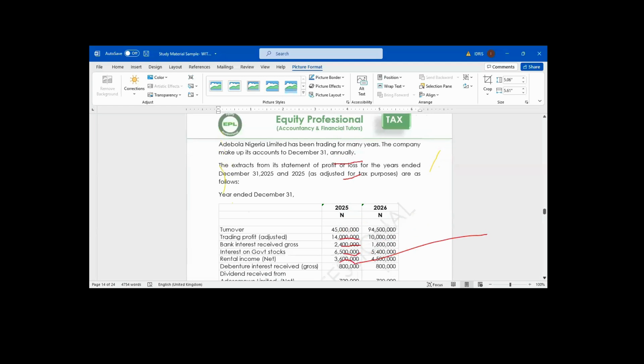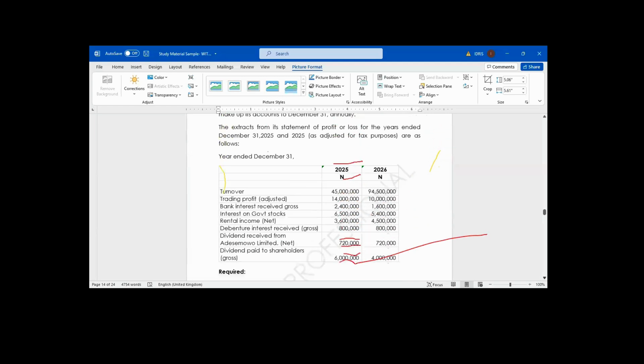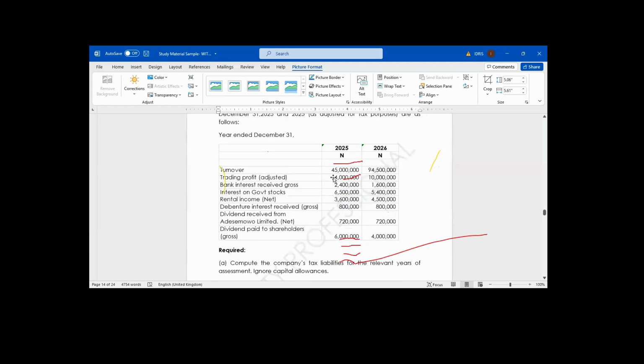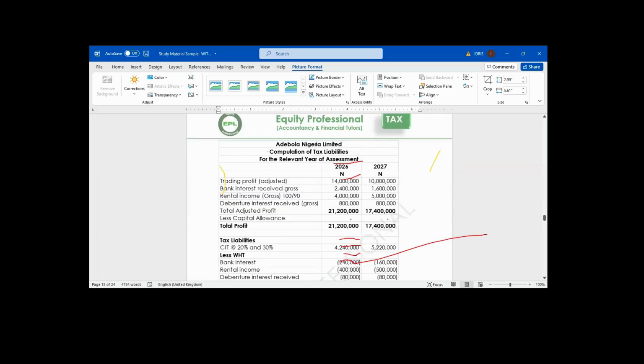So if I want to compute my tax liability, the adjusted profit gives us trading adjusted profits; add any other income to get the total adjusted profit. I cannot use the turnover in the solution, my brother. What am I going to use the turnover for?